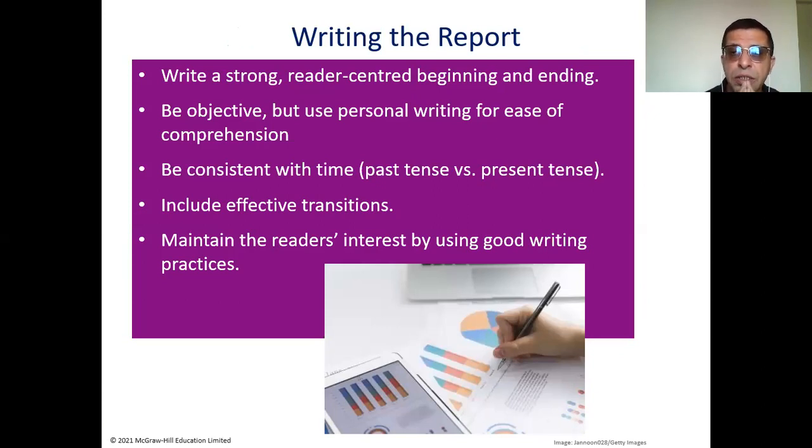You need to be objective, because subjective might cause trouble, but use personal writing for easy comprehension. Be consistent with time, past tense versus present tense. Include effective transitions. Maintain reader interest by using good writing practice.